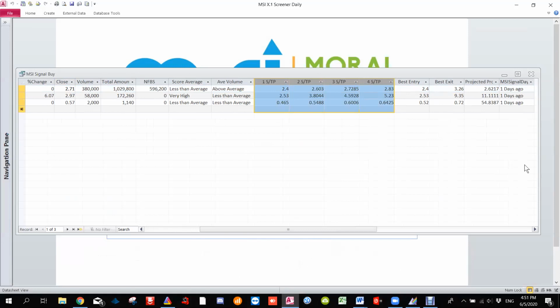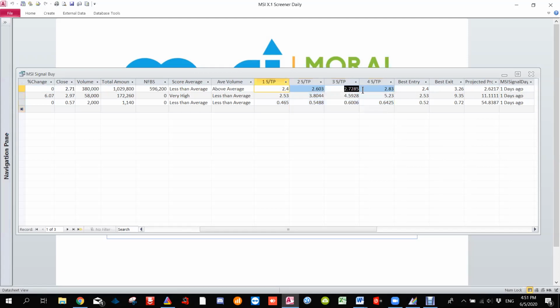That's actually S stands for support and TP stands for target price. Okay? So as you can see here, how does that work, sir? The close is 2.71 and your suggested buy price is 2.4. Actually, that's the first buy price. If you look at it on the chart, you'll see that 2.71 is close to STP3.